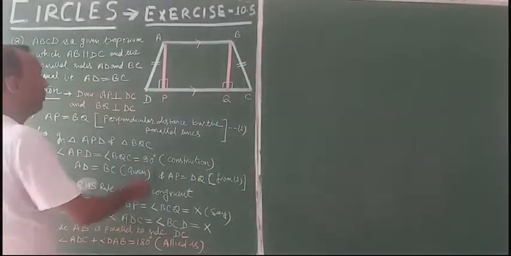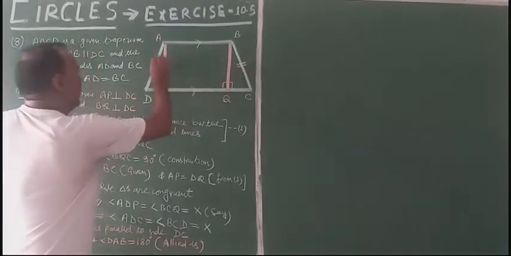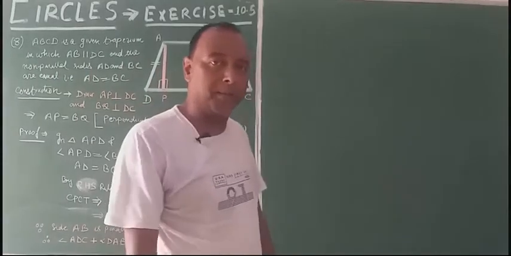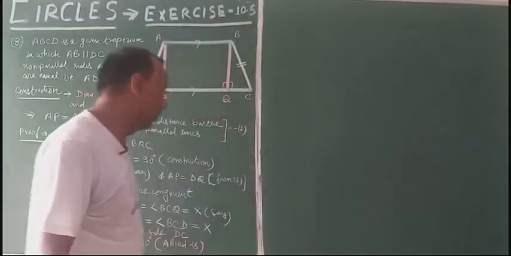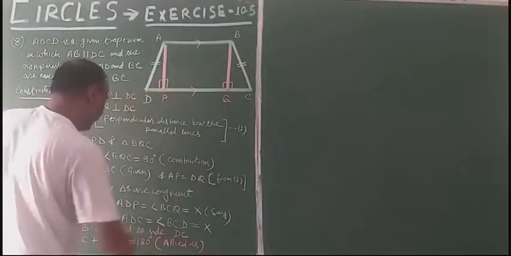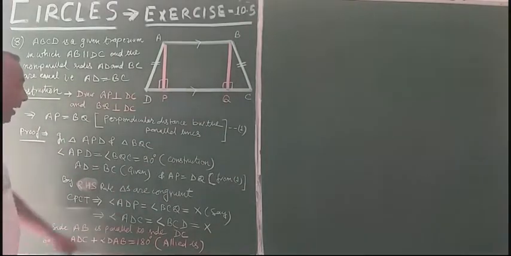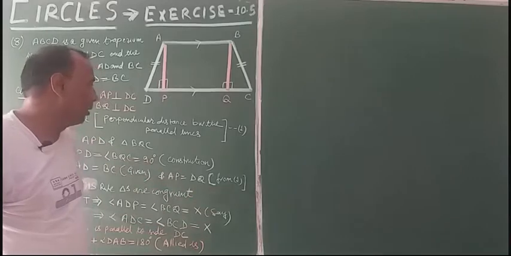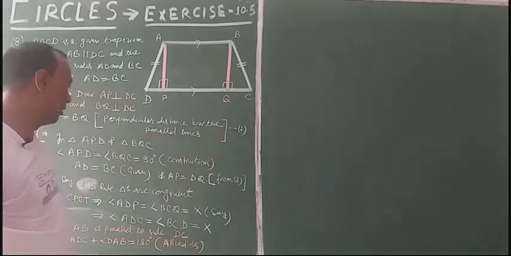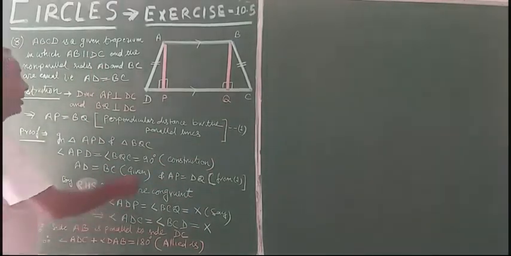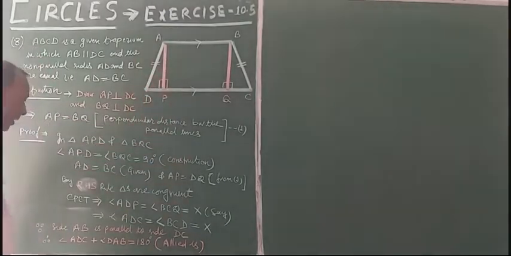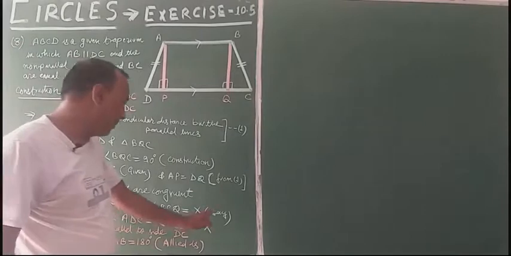AD is equal to BC because the non-parallel sides of this trapezium are given equal. So therefore AD is equal to BC, that is given. And AP is equal to BQ from equation 1. So by which rule now? This 90 degrees, this hypotenuse and the side. So by RHS rule, the triangles are congruent.